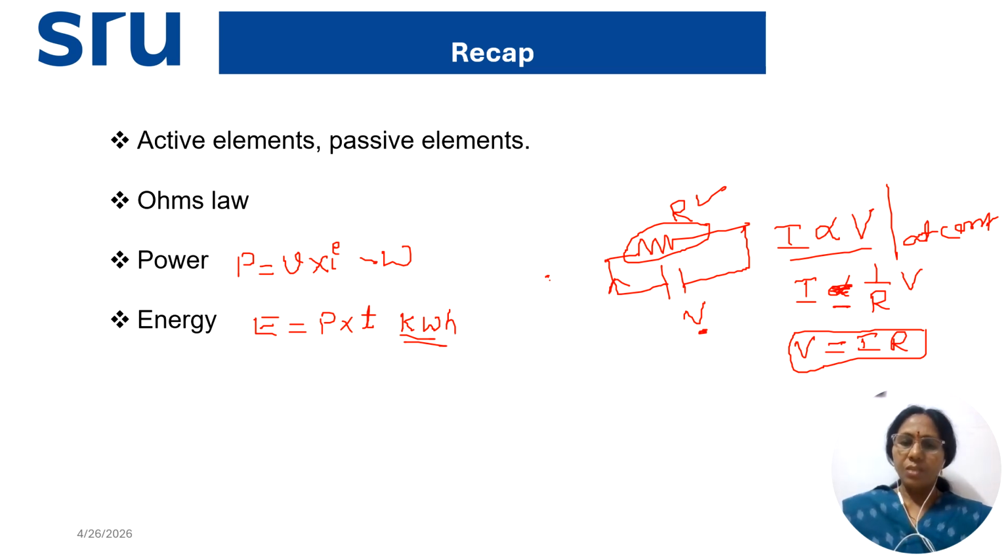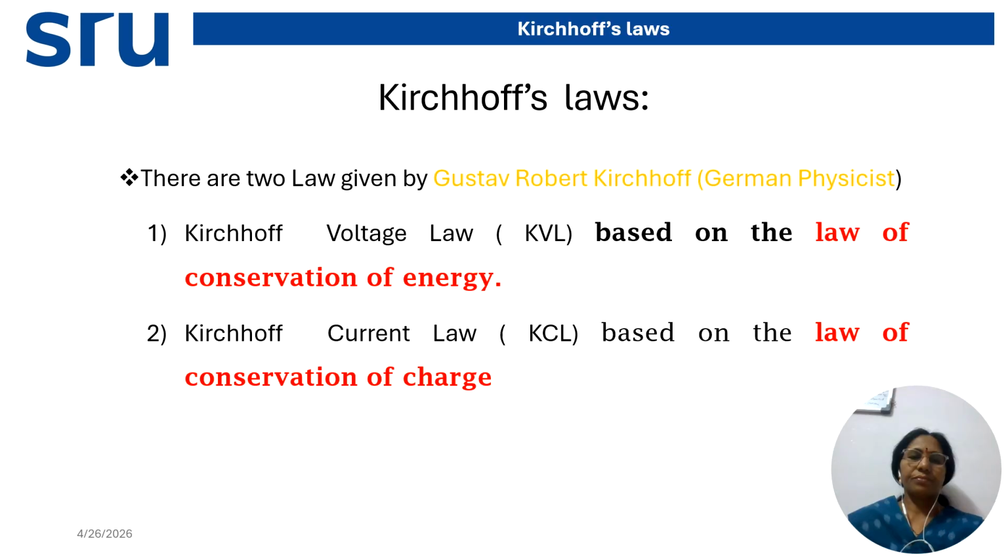Now we will see today's lecture, that is Kirchhoff's current law. Kirchhoff's voltage law and Kirchhoff's current law are the two laws introduced by German physicist Robert Kirchhoff. According to his principle, Kirchhoff's voltage law is based on the law of conservation of energy, whereas Kirchhoff's current law is based on the law of conservation of charge.